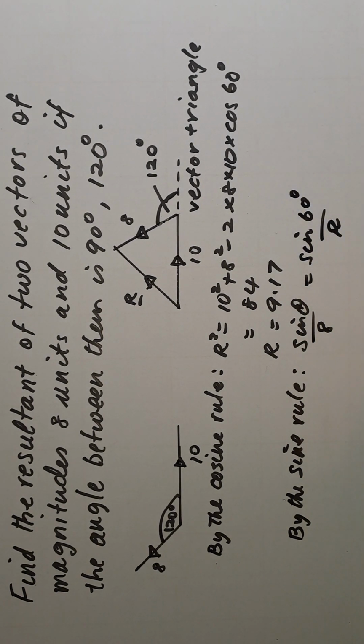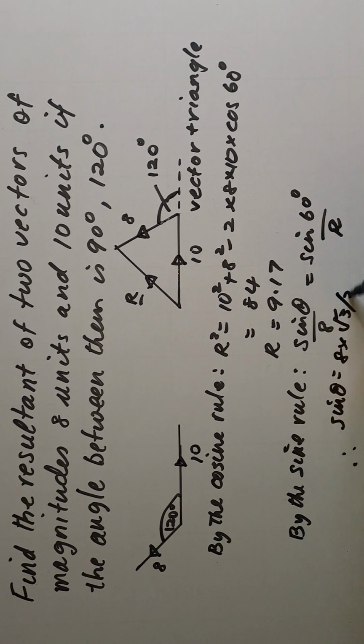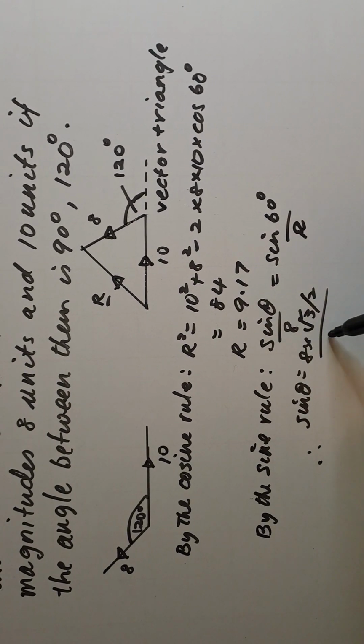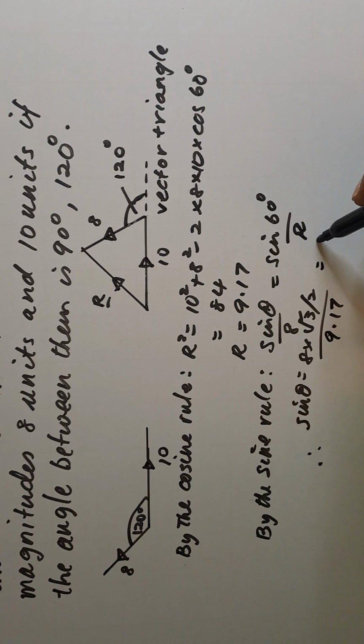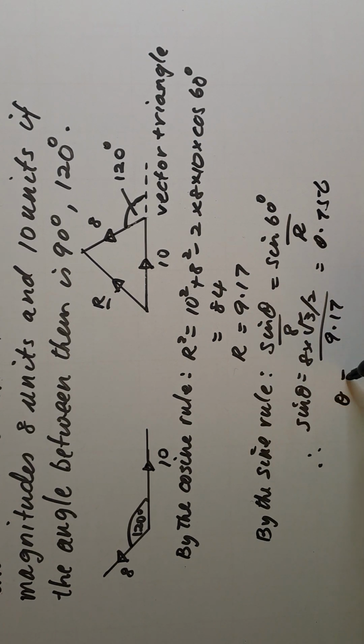Therefore, we can write that sine theta is 8 times root 3 over 2 divided by 9.17, which is equivalent to 0.756, where theta now is equal to 49.1 degrees.